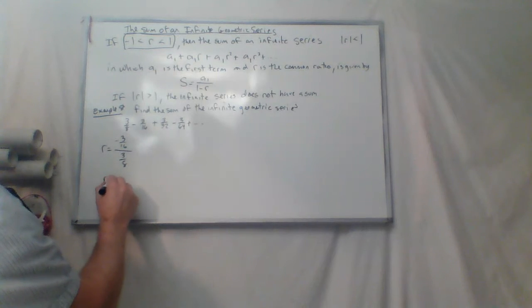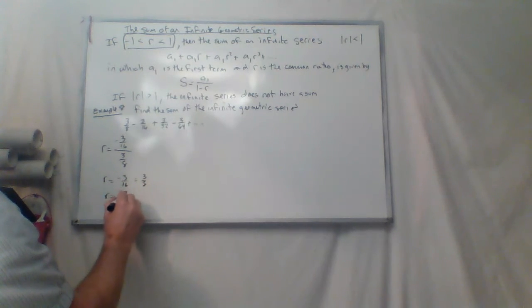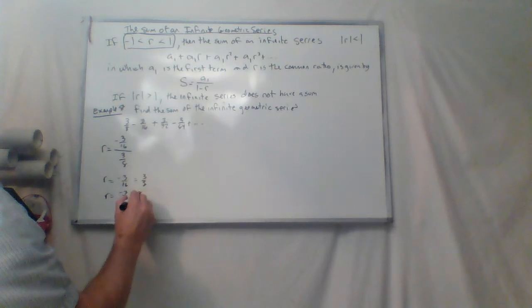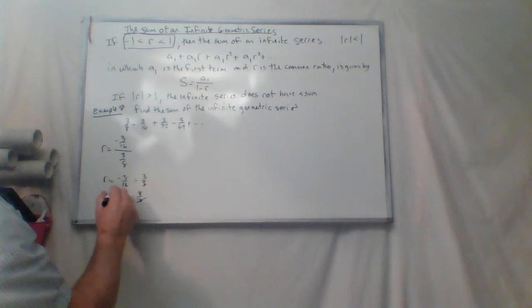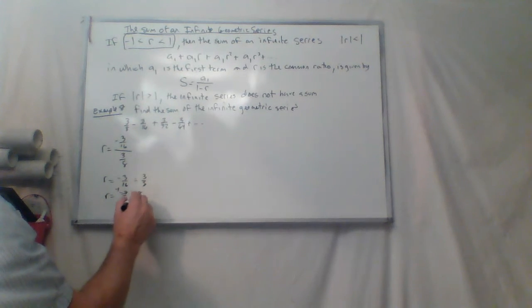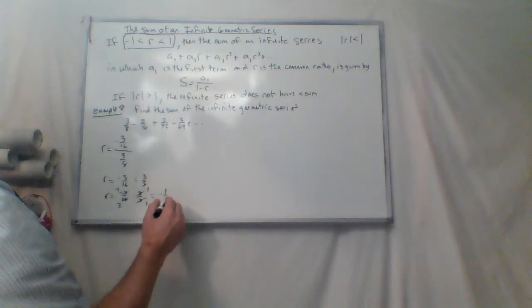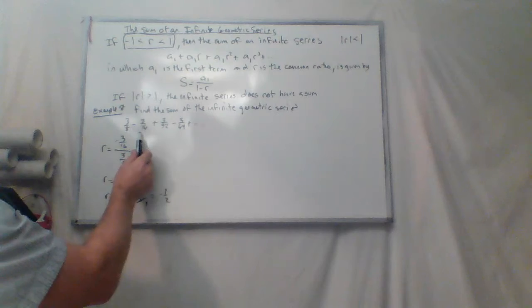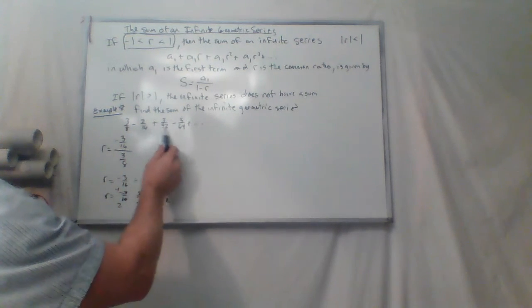So that's going to be negative 3/16 divided by 3/8, which is negative 3/16 times the reciprocal. So reduce this to negative 1, that's 1. That 8/16 reduced 1/2, r is negative 1/2. And if I multiply negative 3/16 by negative 1/2, I get positive 3 over 32.